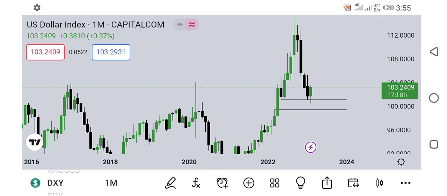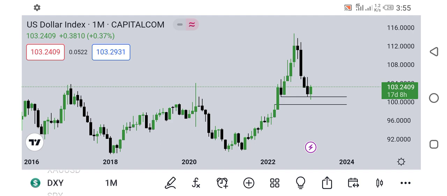Of course, all the other pairs that have USD in them are influenced too, but it is most easily seen on the GBP USD and the Euro USD. So let's dive in.